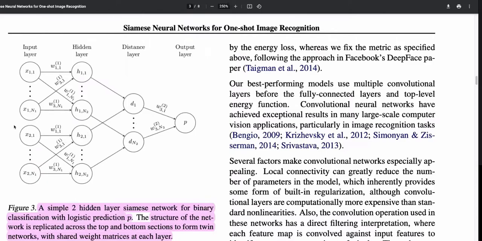So essentially, you have two networks. From here down is one network, and this is another network up here, but they are the same network, so they share weights. What you do then is pass your input through a number of intermediate layers, and you output a feature vector.